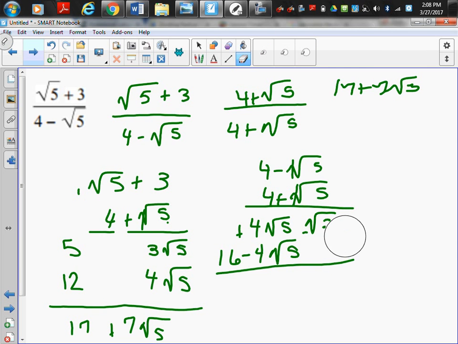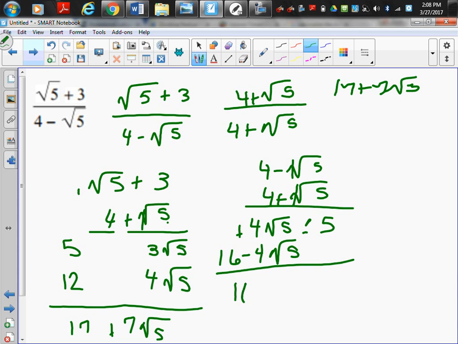This is the same thing as... because this is a plus, this is a minus, the positive times a negative is a negative.